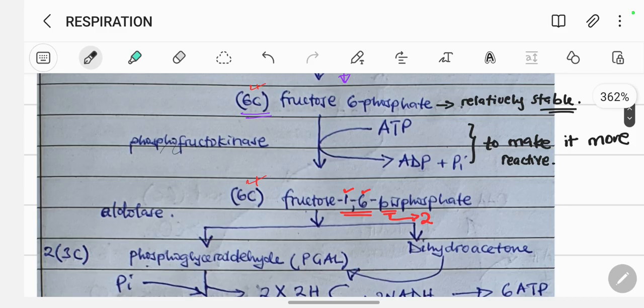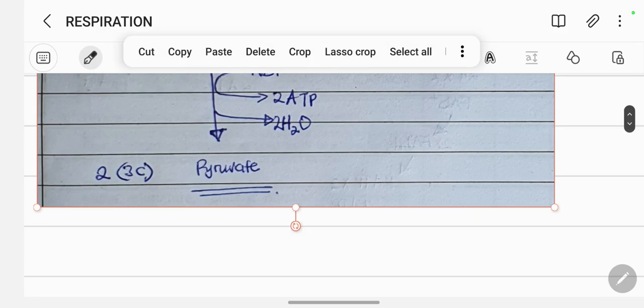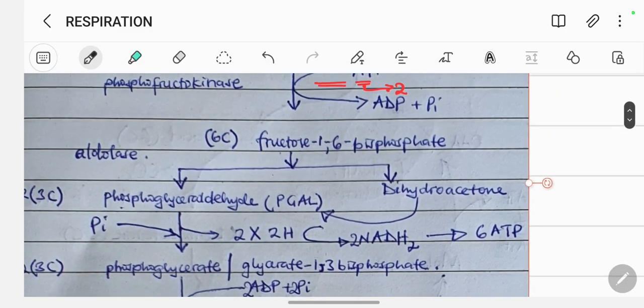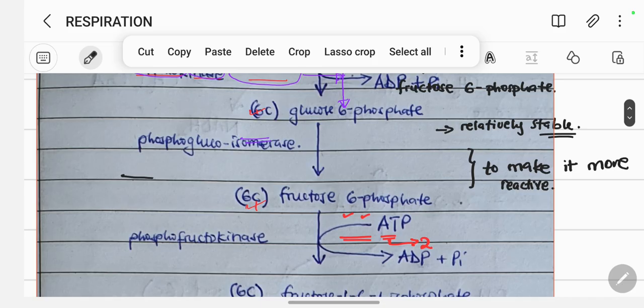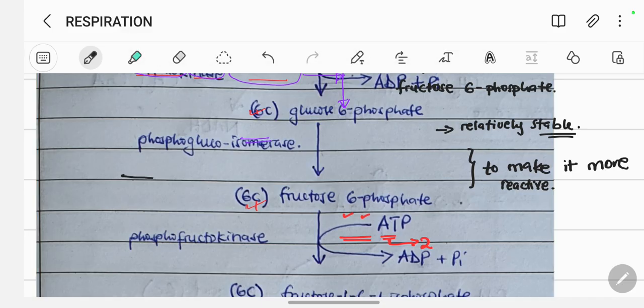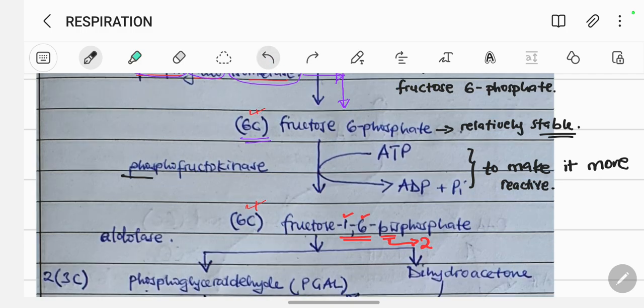So when you look at that, we move on to the enzyme. The enzyme responsible is phosphor because of the phosphate.